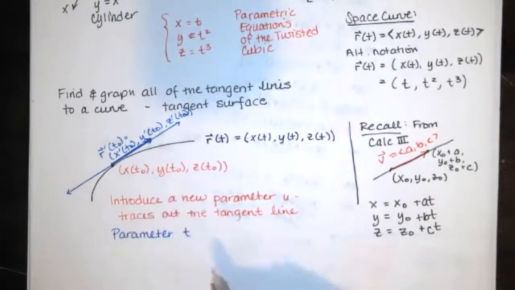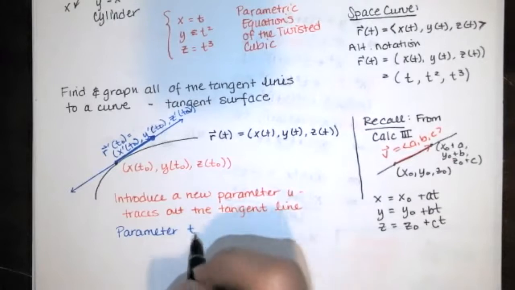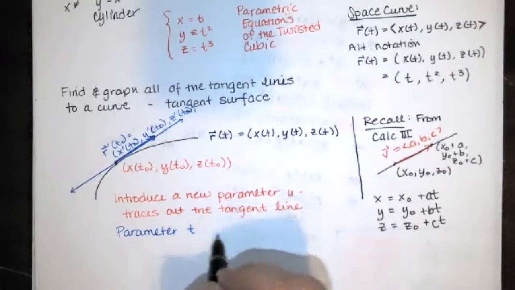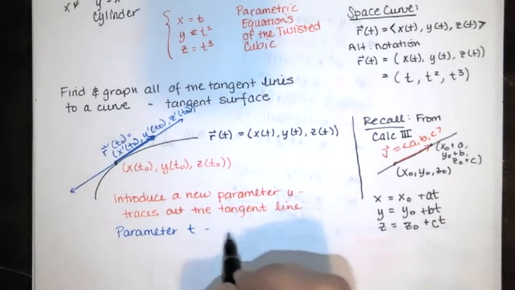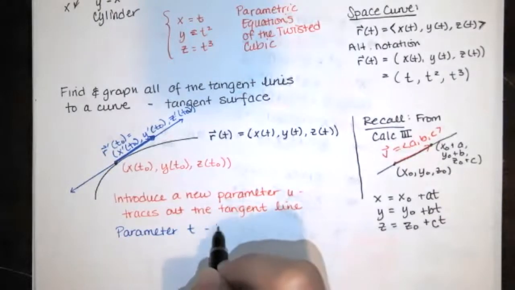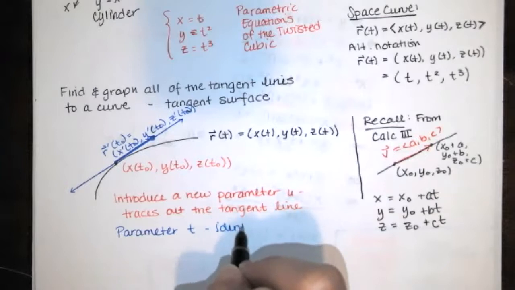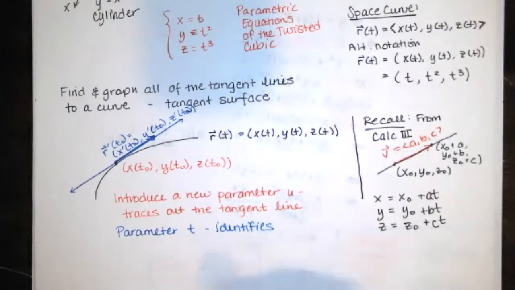Or if we're talking about fixing t for a second, let's say the parameter t identifies a particular location on the curve.